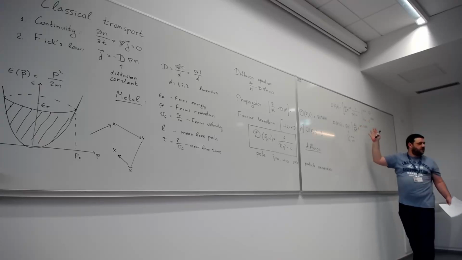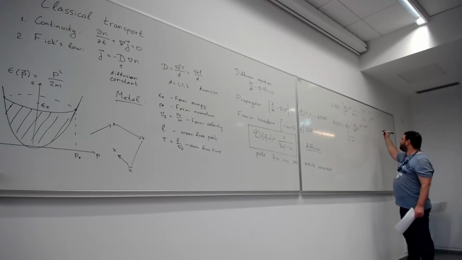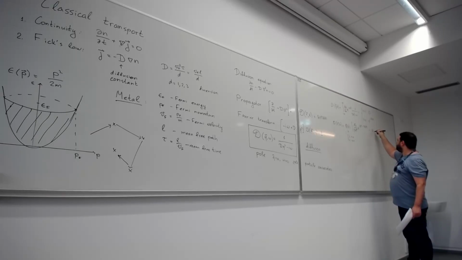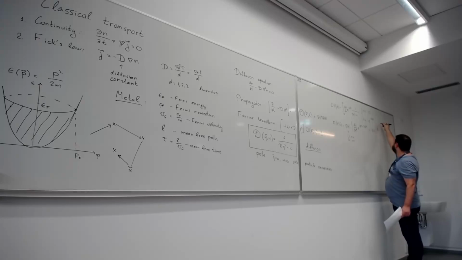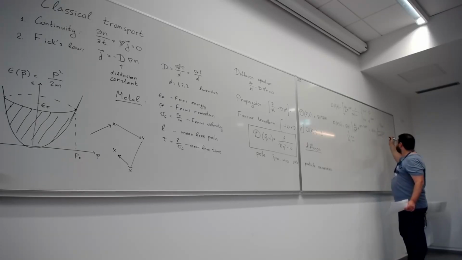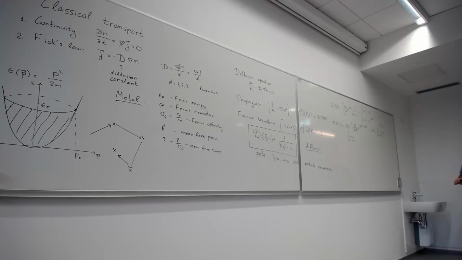If we shift q by a constant that makes this a complete square, the answer is the same theta function of t, exponent minus r squared divided by 4Dt, and this whole exponent is divided by 4 pi Dt to the power d over 2.